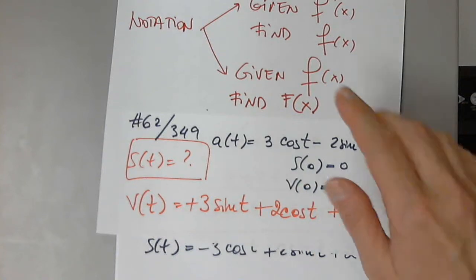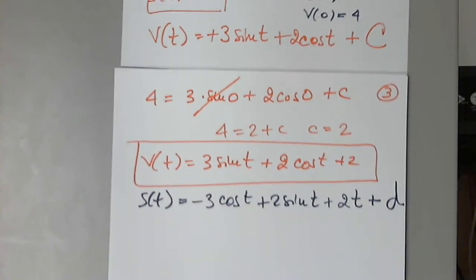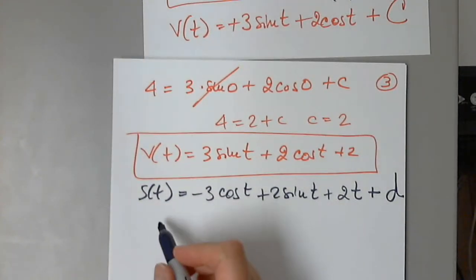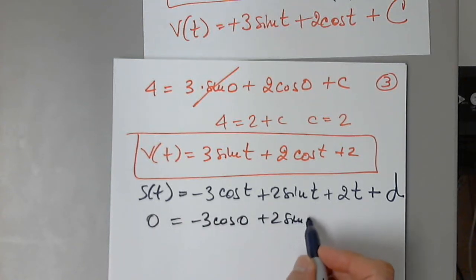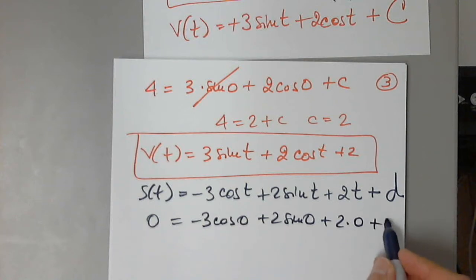s of 0 is 0, which will help us find d. So 0 equals negative 3 cosine 0 plus 2 sine 0 plus 2 times 0 plus d. How much is 2 sine 0? How much is 2 times 0? Good. So this is negative 3.